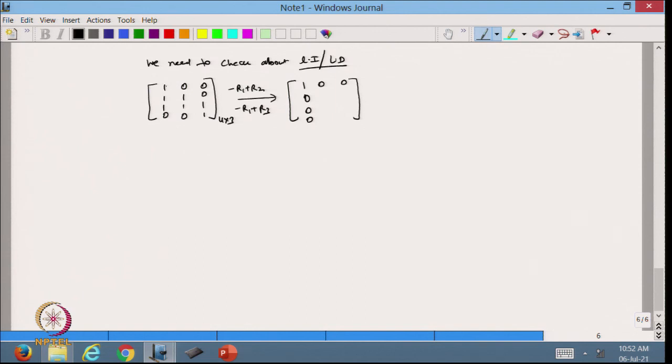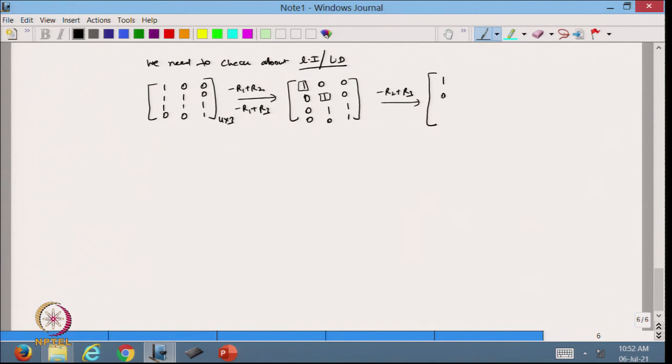Now, taking minus 1 and 1, it becomes 0, so it is 1 here and 0 here. Again it is 1 here. So, I get this pivot element, and this is another pivot. Then I will make minus R2 plus R3.